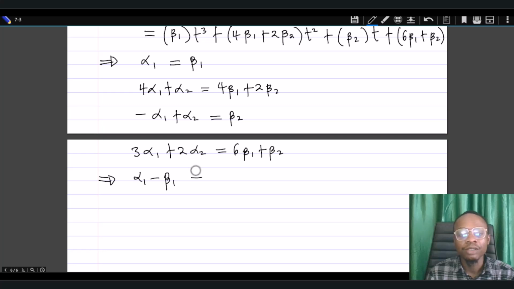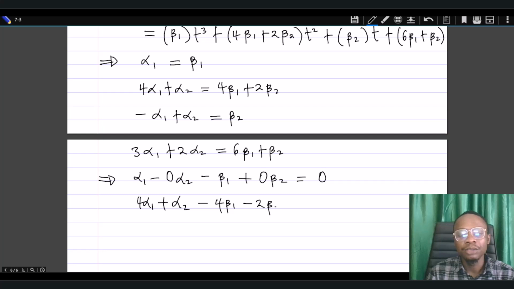Let's arrange them in the form alpha 1, alpha 2, beta 1, beta 2. That means we have alpha 1 plus 0 alpha 2, minus beta 1 plus 0 beta 2 equals 0. Then for the second, we have 4 alpha 1 plus alpha 2 minus 4 beta 1 minus 2 beta 2 equals 0.